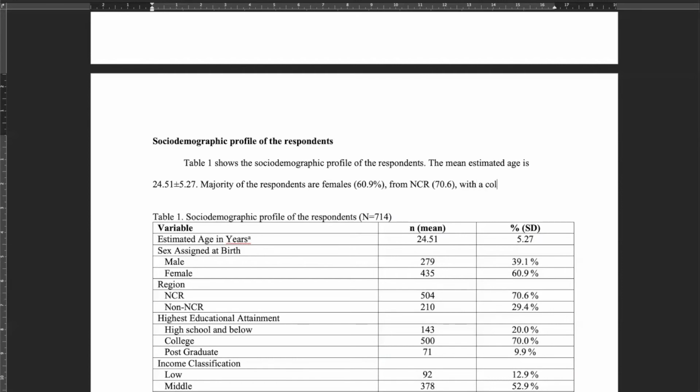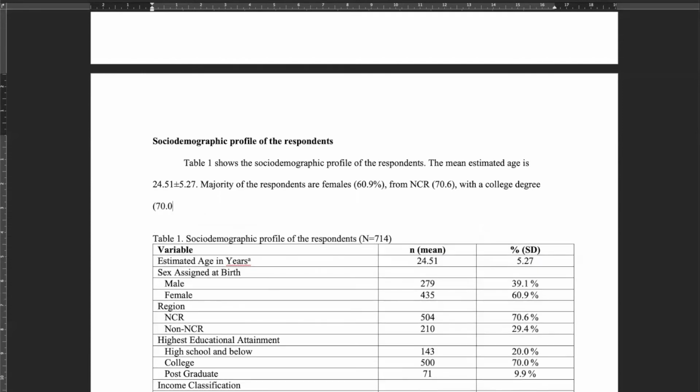With a college degree, that's 70.0%. And within the middle economic class, socio-economic class. So I think this is the economic class, and then we place the 52.9%. So that's how you appreciate it.